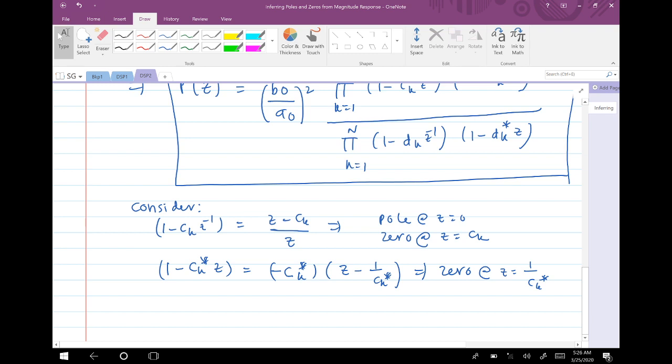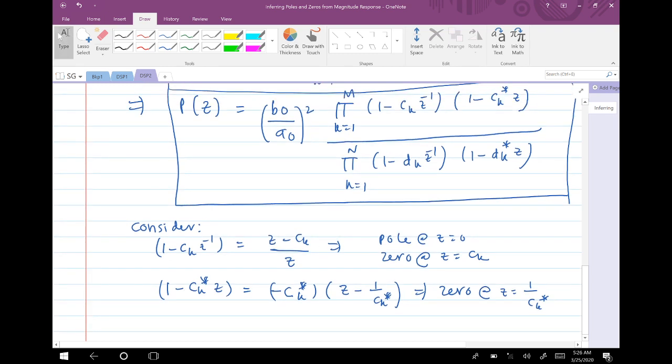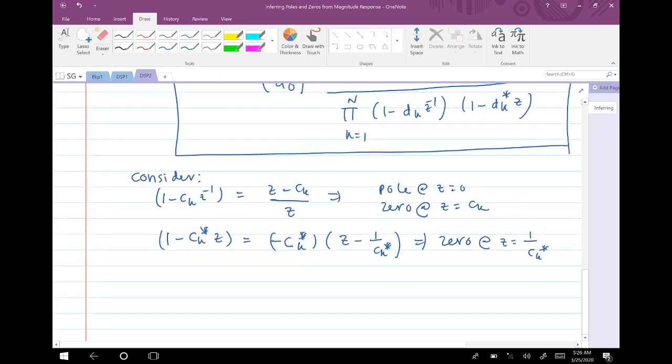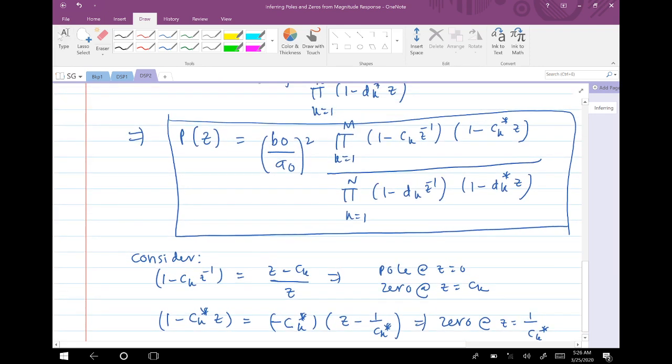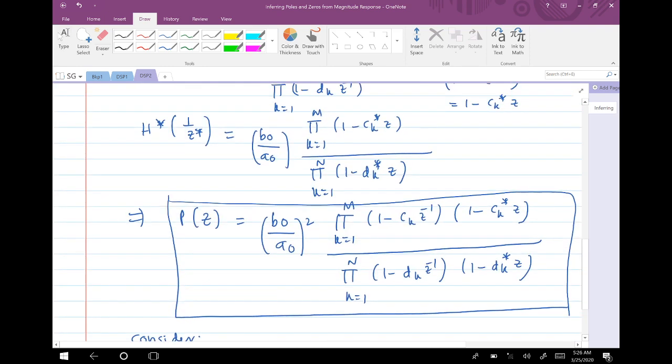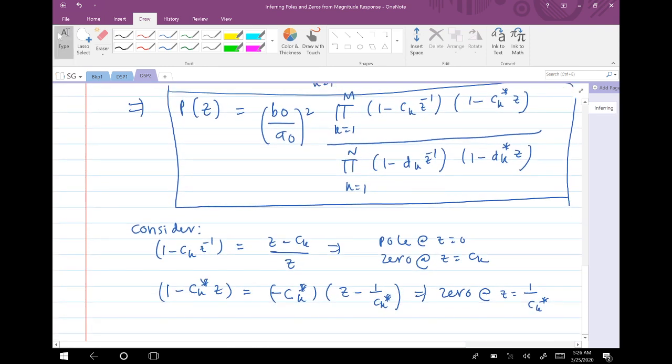This we already discussed. For example, if m is greater than n, then you will have m minus n poles at z equal to 0. We are more interested in the non-zero roots. The new term that got added because of h conjugate of 1 by z conjugate doesn't contribute any poles or zeros at z equal to 0.